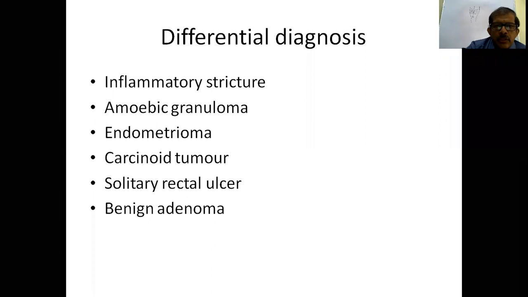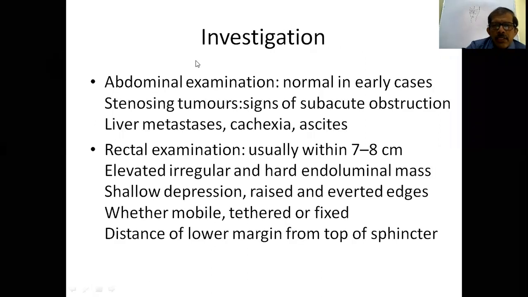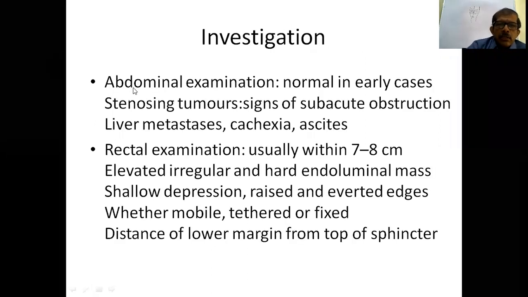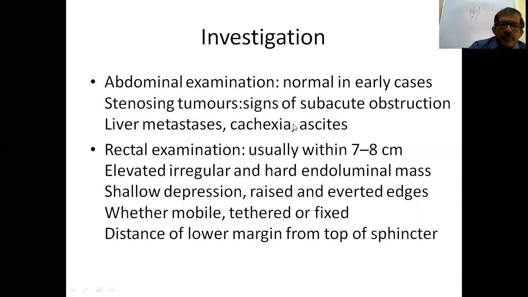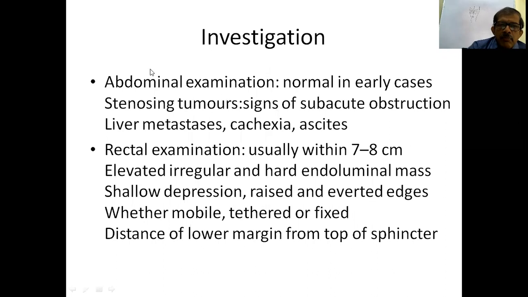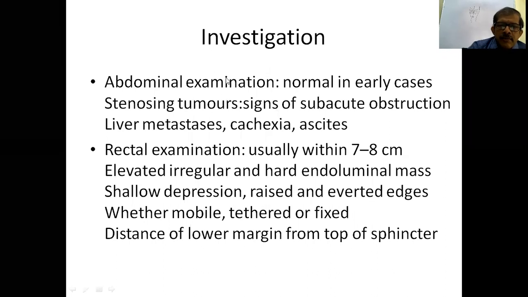Okay. Then what are the investigations? First thing is abdominal examination, because there may be subacute obstruction or there may be liver metastasis. By the time there is ascites, it means already it is very late. So abdominal examination is first.